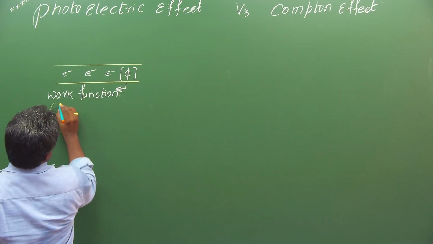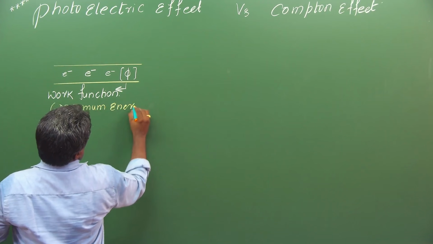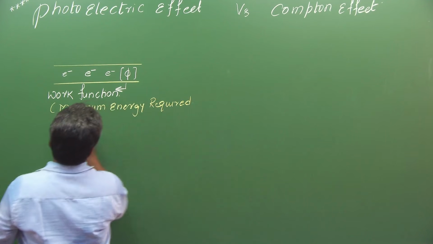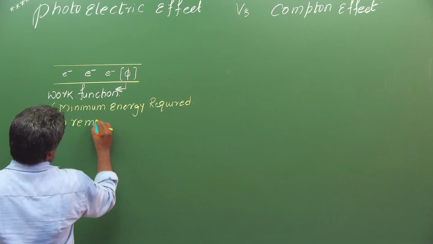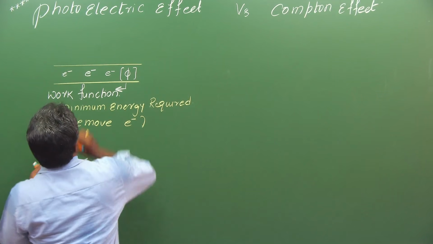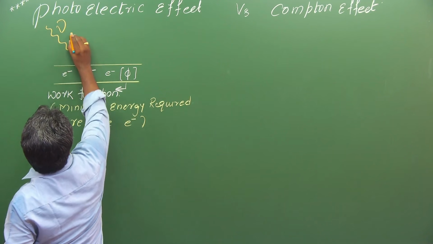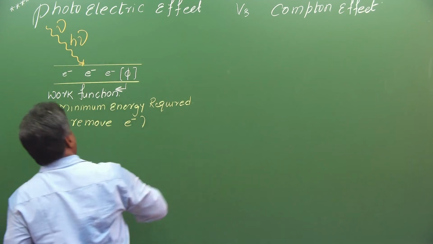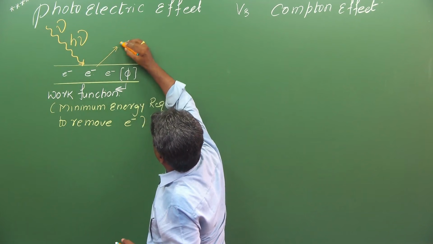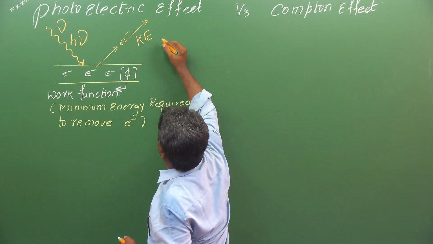Work function means minimum energy required to remove the electron. Okay, now I am sending a light of certain frequency. Could you please tell me how much energy you are sending? Then this energy is absorbed by the electron, and here we are getting this electron out. That means this electron is getting some kinetic energy.